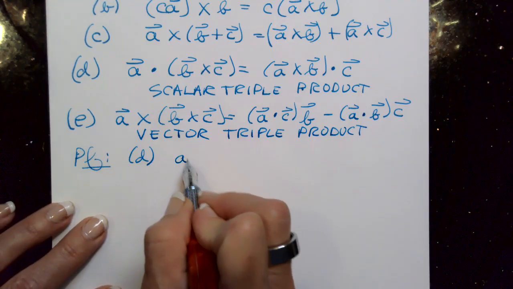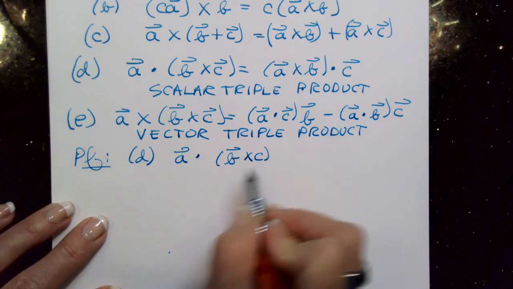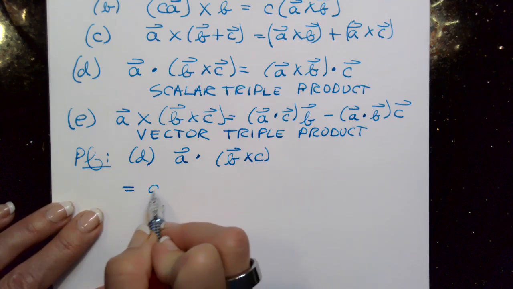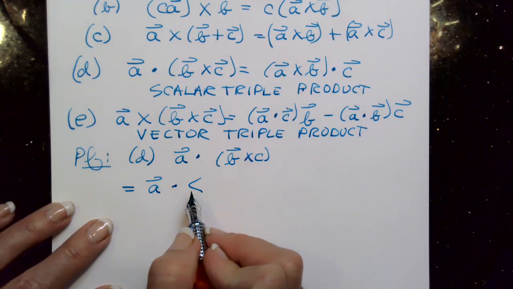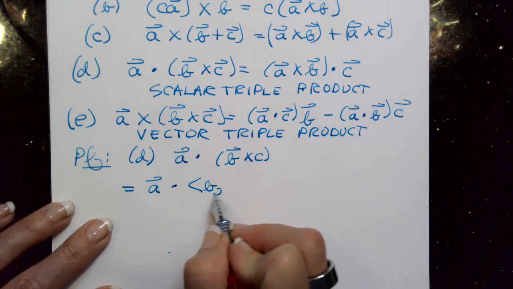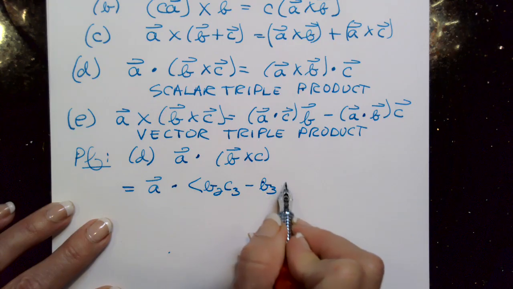If you look at A dot B cross C, that is equal to A dotted with, let me just write down the cross product of B and C. That's B2 C3 minus B3 C2.